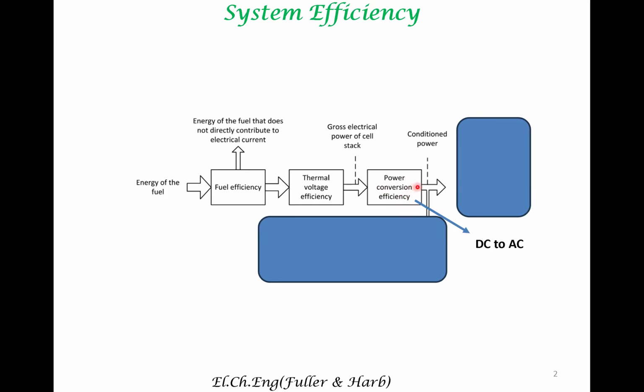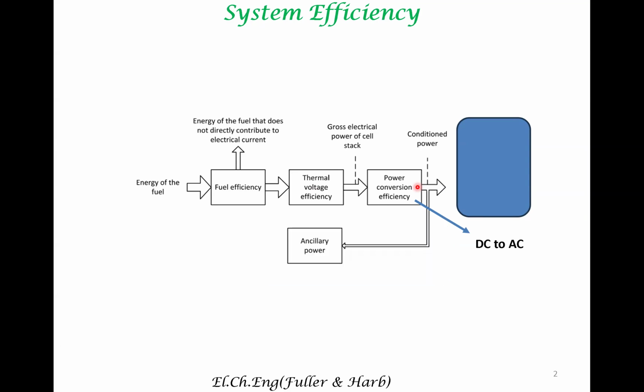Then not all of the AC power that is being generated is supplied externally. Some part of the AC power is used for running pumps that are used for pumping the fuel as well as oxidants. So the power that goes towards these devices is indicated as auxiliary power.